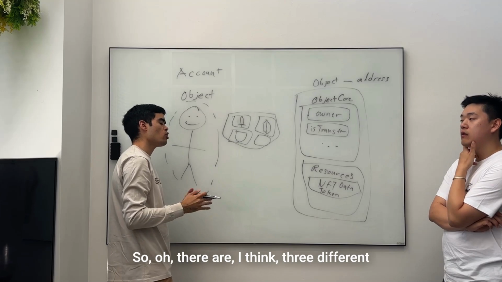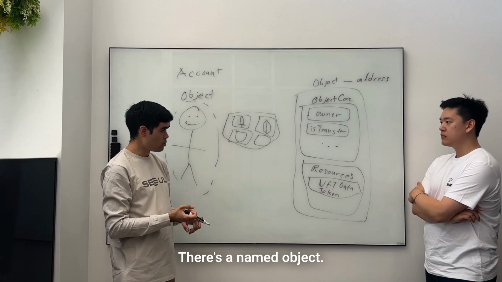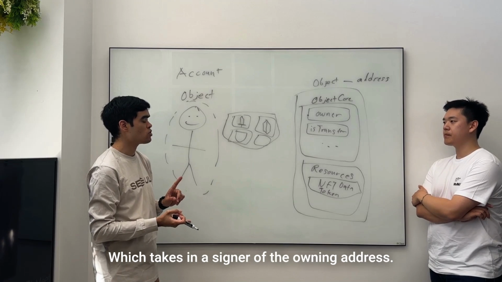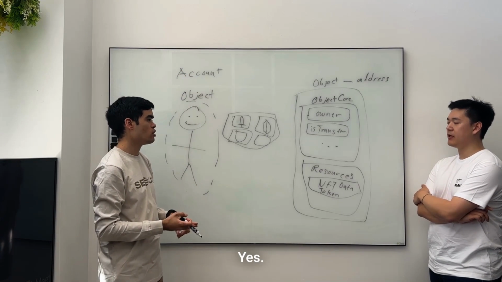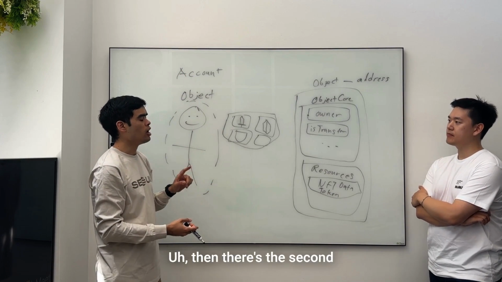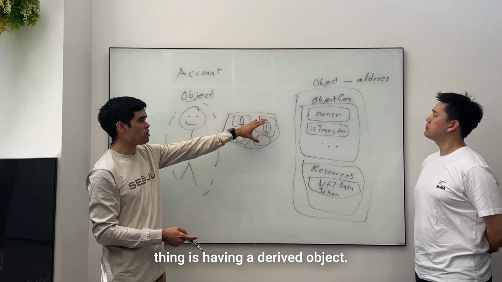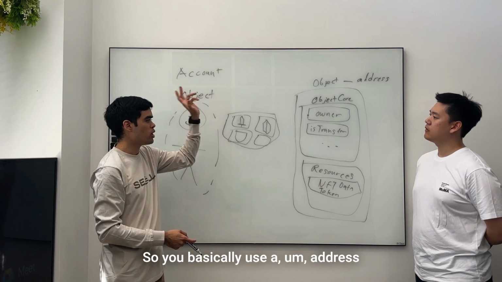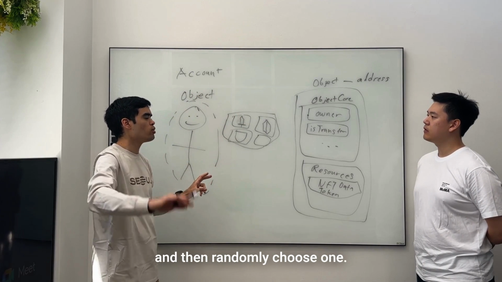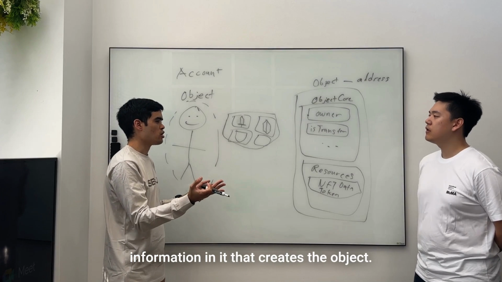There are, I think, 3 different methods for creating an object. There's a named object, which takes in a signer of the owning address plus a name to hash. The second is a derived object, where you use an address and randomly generate some extra information that creates the object.